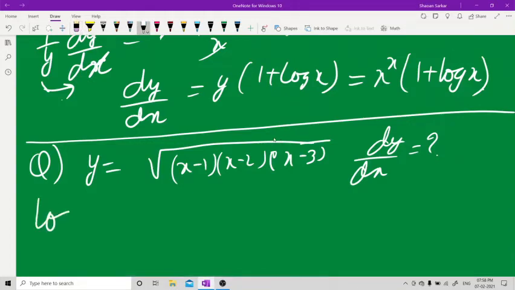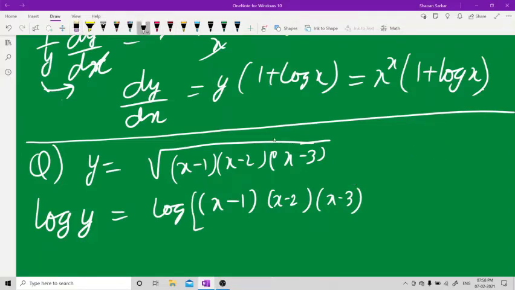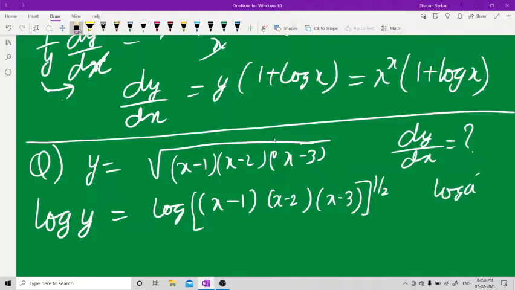See, log y is equal to log of x minus 1, x minus 2, x minus 3, whole to the power of half. And anything log a to the power of m, you know what the formula is. I don't have to tell every time.